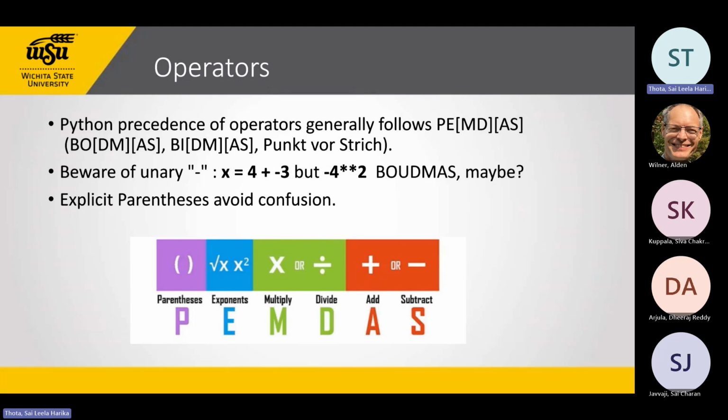We can simply do 3 plus 2 is 5, but what rules do we follow for very long expressions? There is a rule, which is PEMDAS.